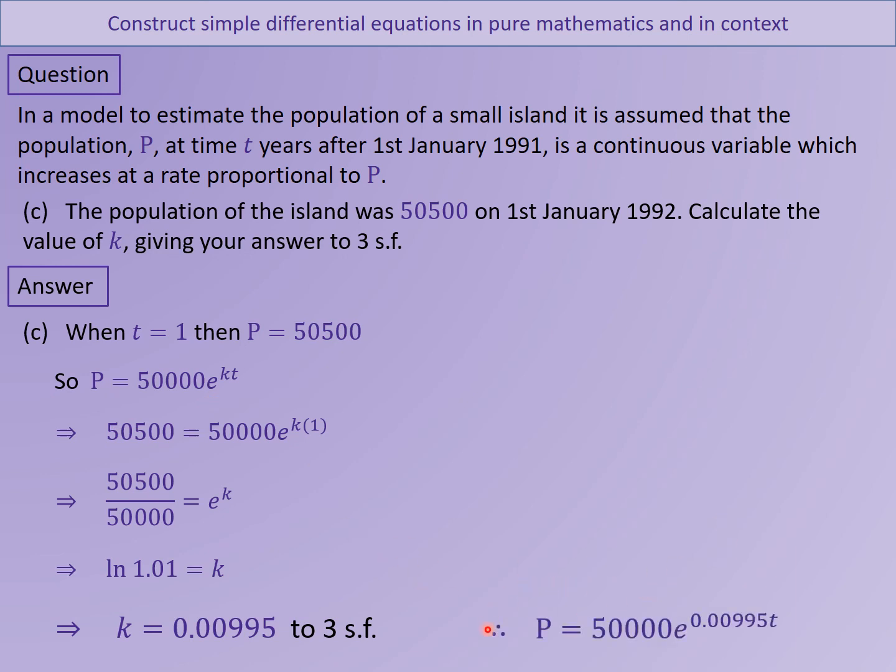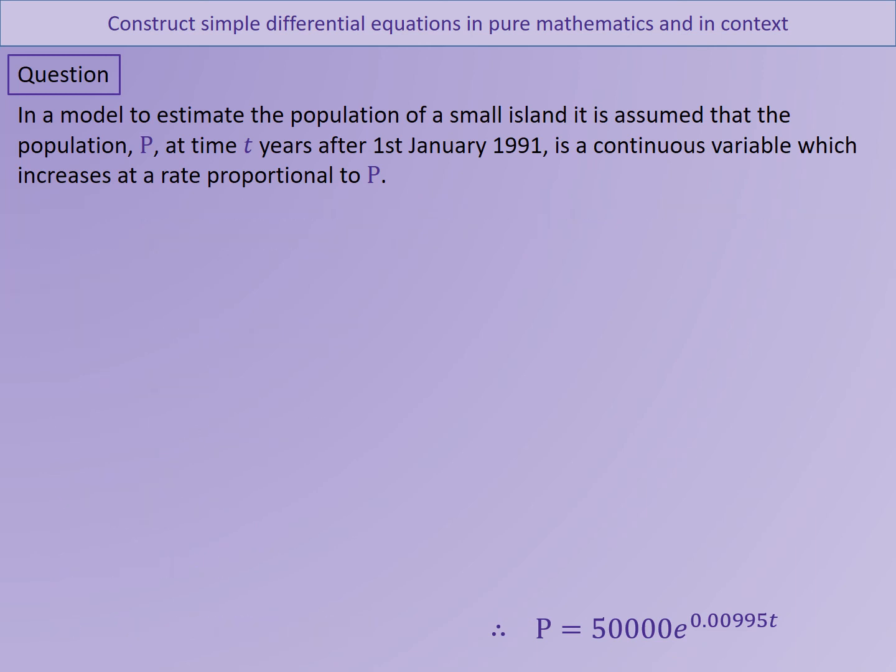So there we go. Someone could say, what's the population at this time? Let's say the 1st of January 2020. So I could put that t value in. Whatever the t value is in the case of 2020 would be 29, because that's how many years after 1991, and therefore substitute 29 into there and see what your population is going to be.